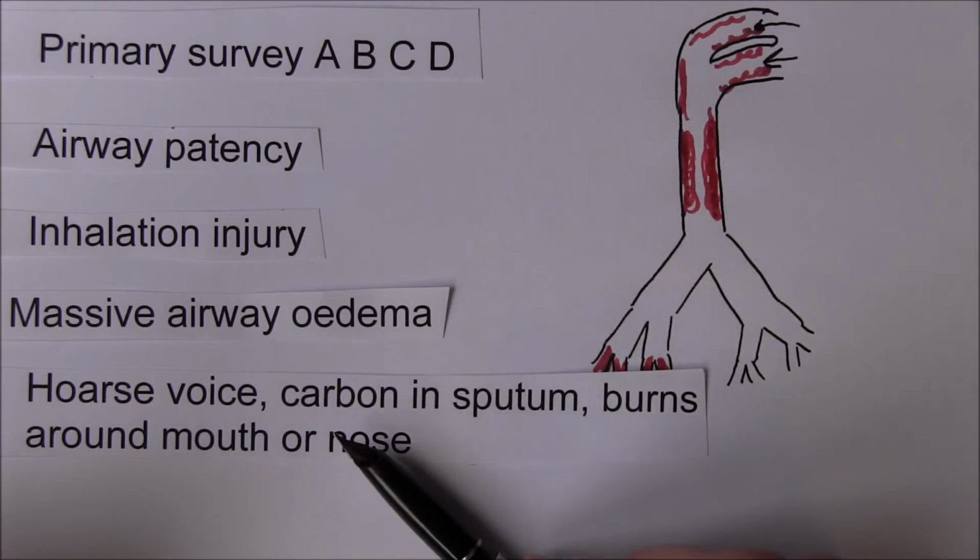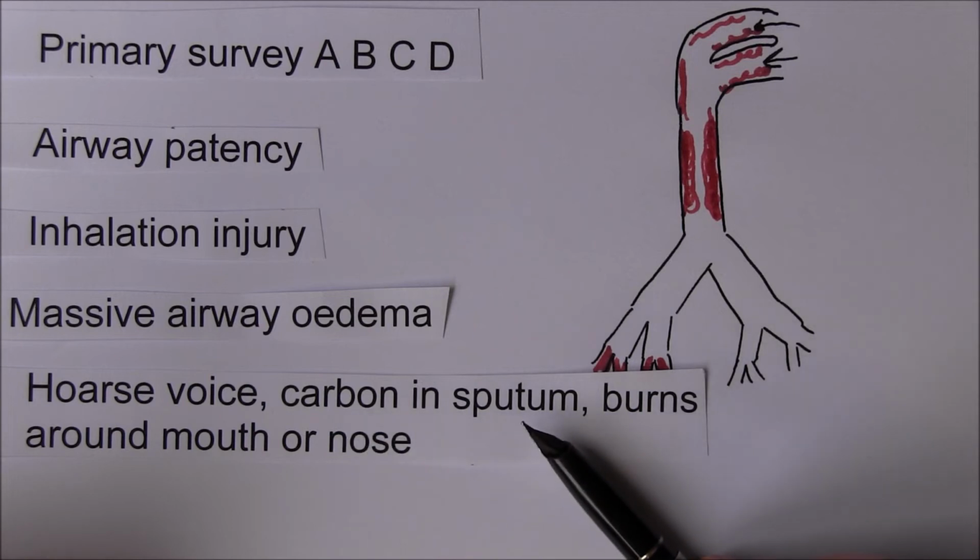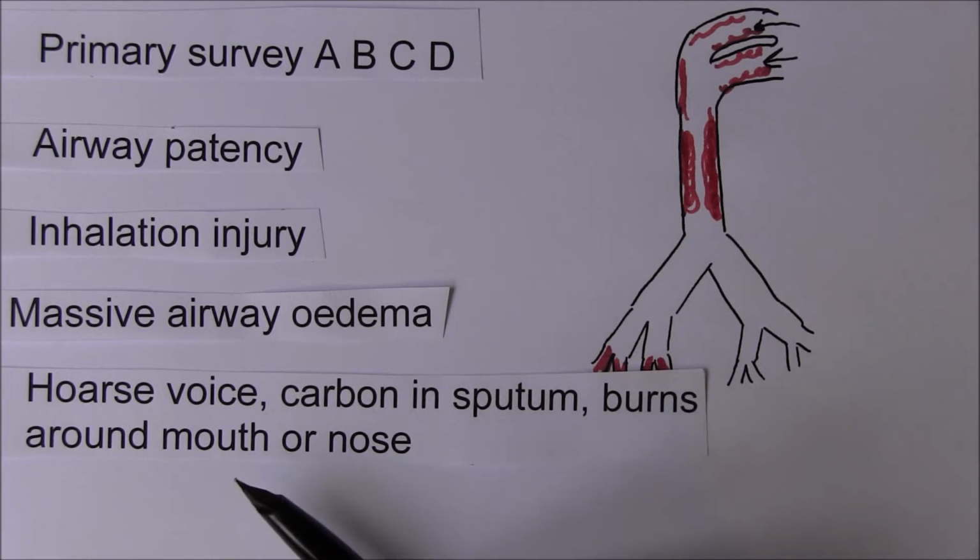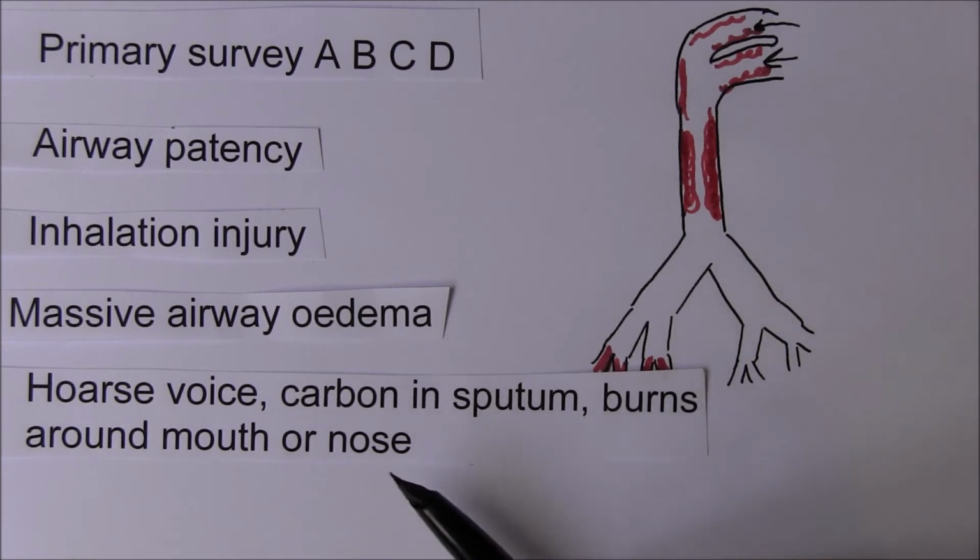Or is the patient spitting out carbonaceous sputum? Is there carbon in the sputum? Which again would indicate inhalation of smoke, and smoke can often be superheated, meaning that there's a likelihood of inhalation thermal injury. Or what about burns around the mouth or burns around the nose?